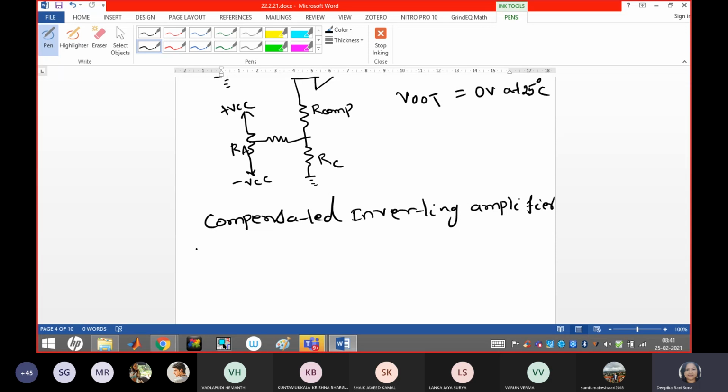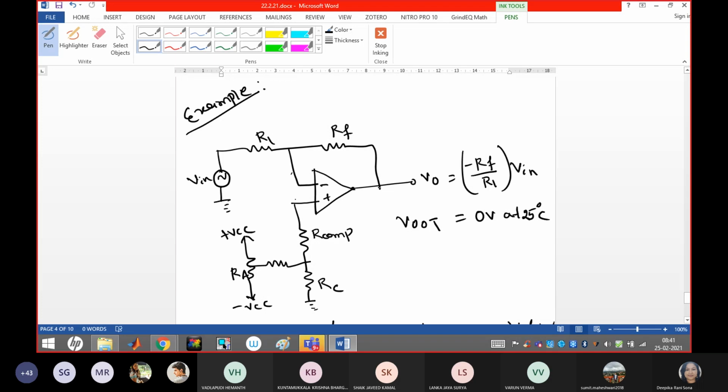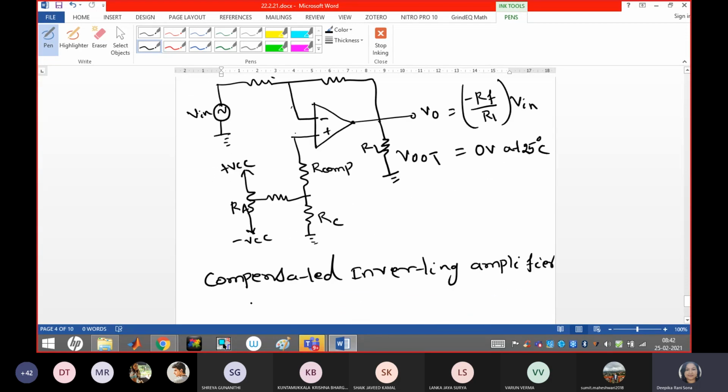Assume that R1 is 1 kilo ohm, RF is 100 kilo ohm and RL is 10 kilo ohm. This is RL. So here in this question it has been asked to determine the maximum possible change in the output offset voltage. It means it has been asked the error voltage only, del VOOT.